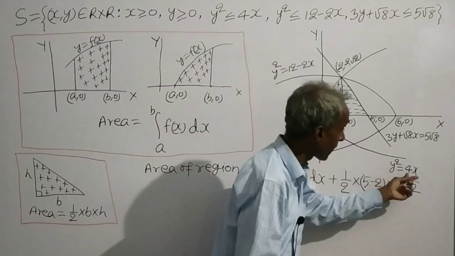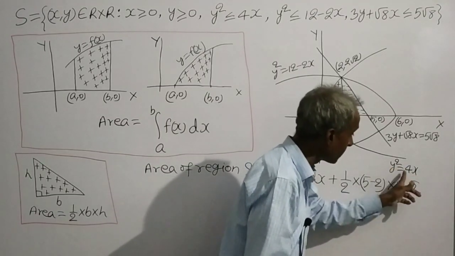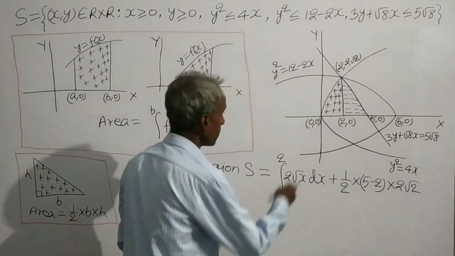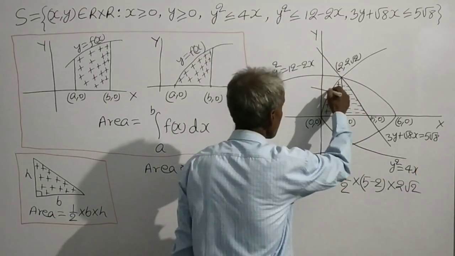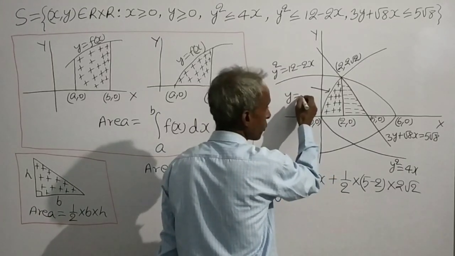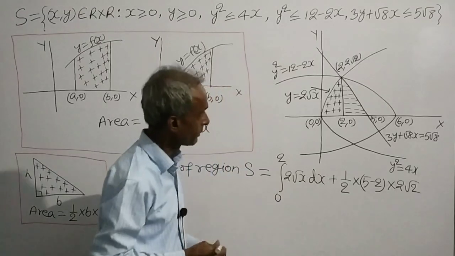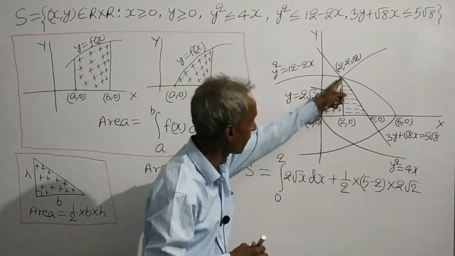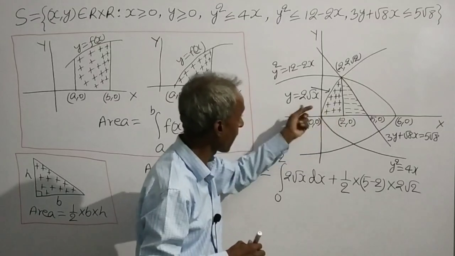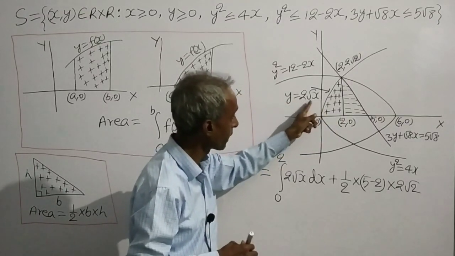When y square is equal to 4x, then y will be equal to root under 4x, which will be equal to y is equal to 2 root x. That means the equation of this part of the parabola is given by y is equal to 2 root x.